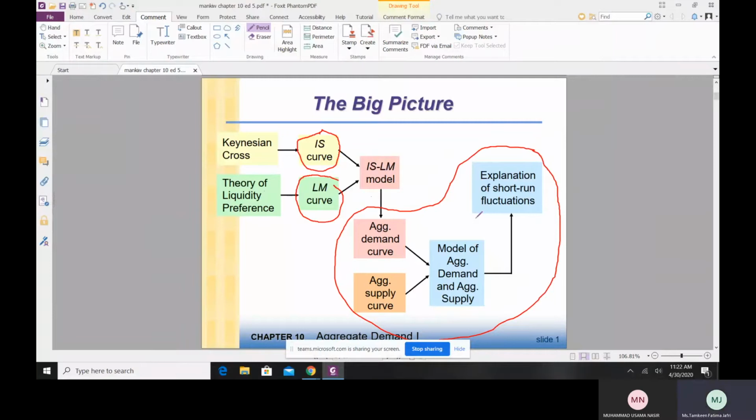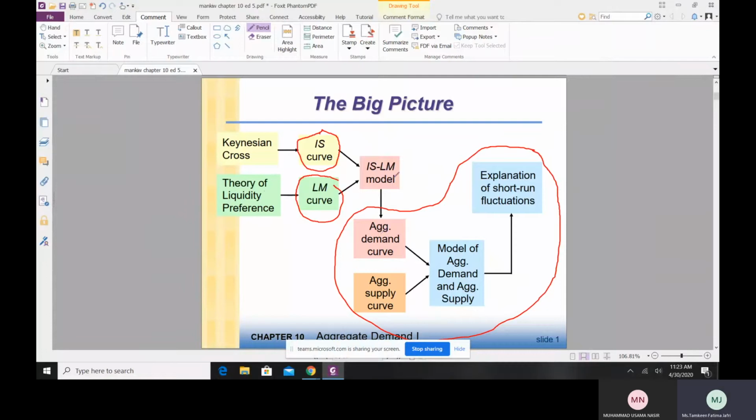And this model is also powerful enough to predict कि एक policy का impact क्या होगा in the short run, and then you can also trace the impact of that policy in the long run as well. ये component हम already पिछले chapter में establish कर चुके हैं. इस chapter में we're going to develop the ISLM model, which you will see in chapter number 11 कि इस model से भी आप aggregate demand curve derive कर सकते हैं.